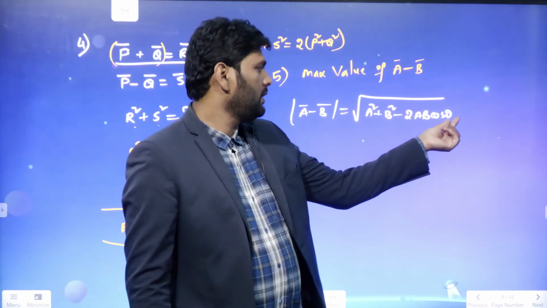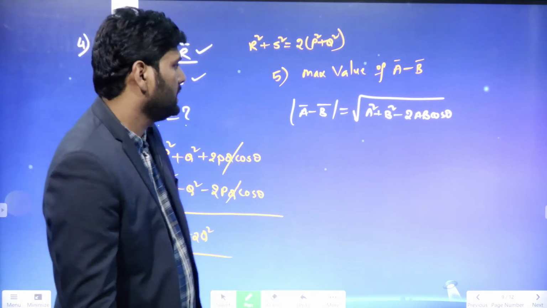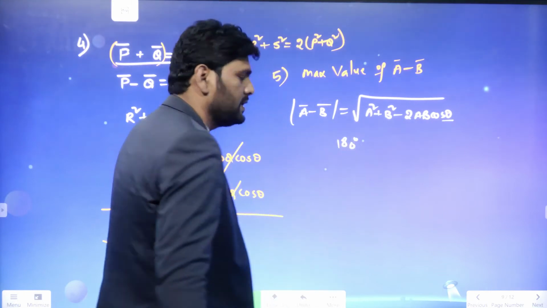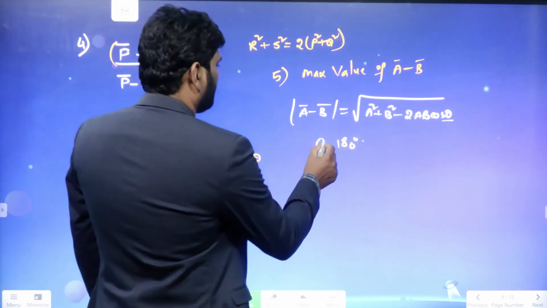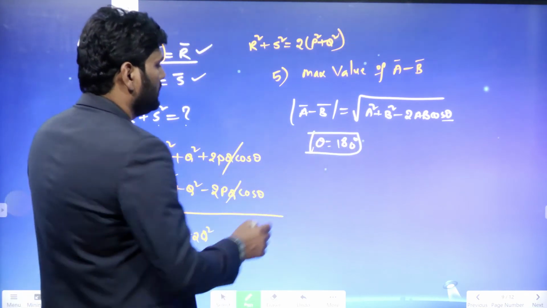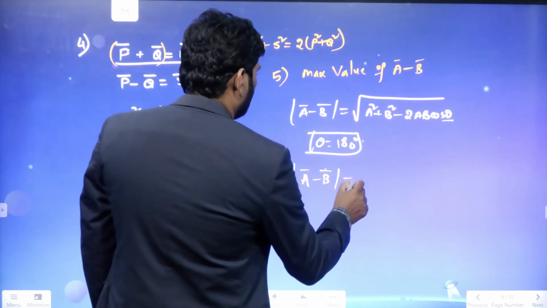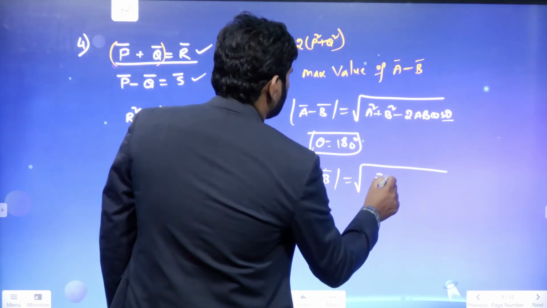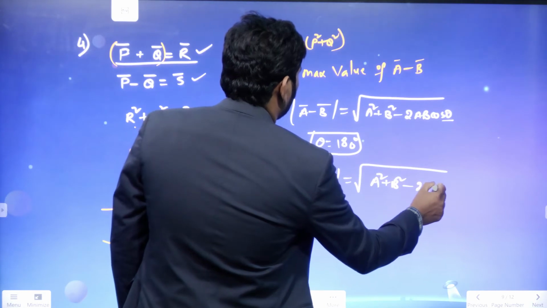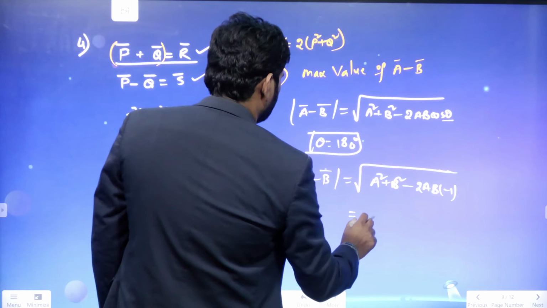If theta is 180 degrees, what is going to be your maximum value? So a minus b is equal to root of a square plus b square minus 2ab cos 180, which is minus 1.